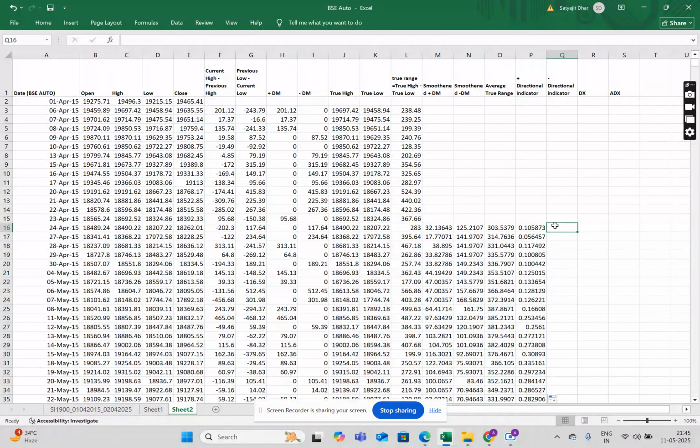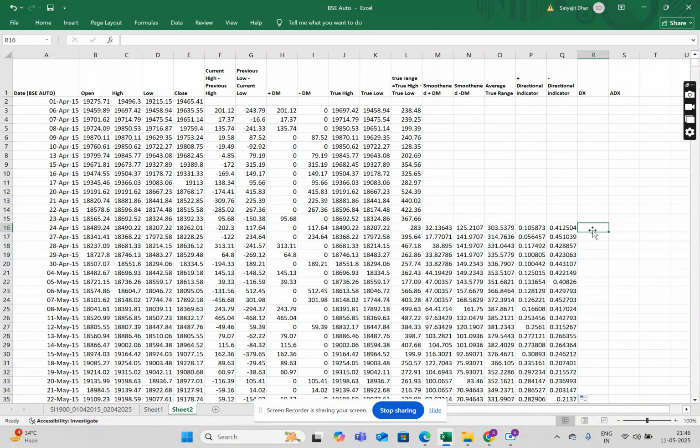And the negative directional indicator is smoothened negative DM divided by average TR. This was positive, yes, smoothened positive DM by average TR, and negative directional indicator is smoothened negative DM divided by average TR, that is O16.